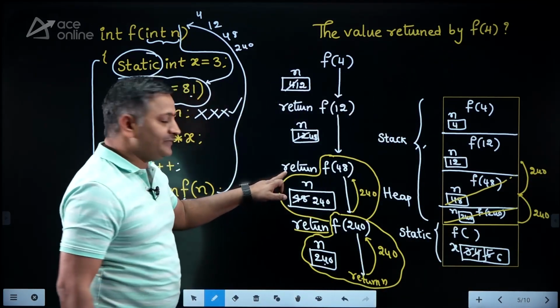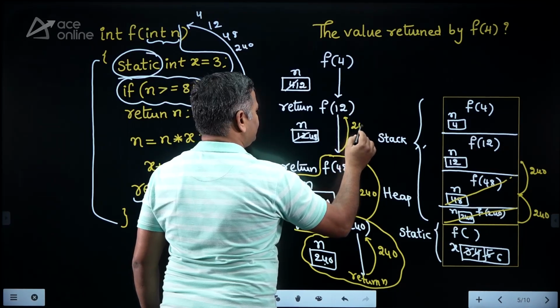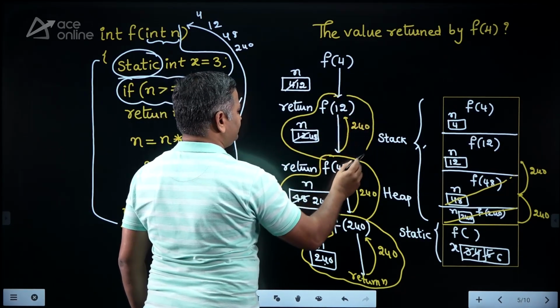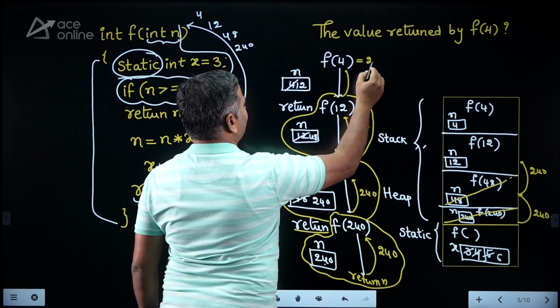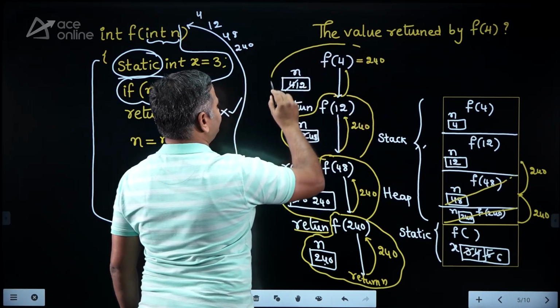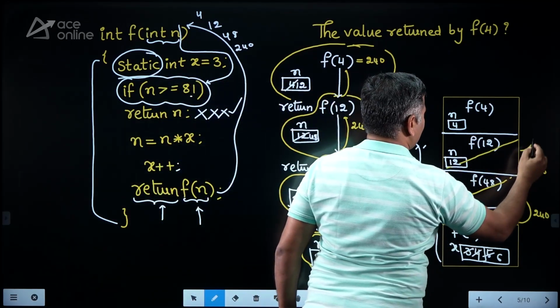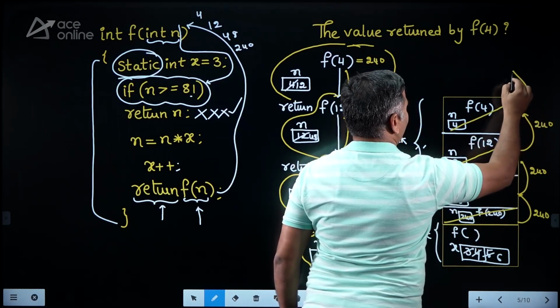At every level we have a return statement, friends. So return 240. This activation record also got deleted. Afterwards again return 240. Therefore the return value of this problem is 240. Finally return 240.